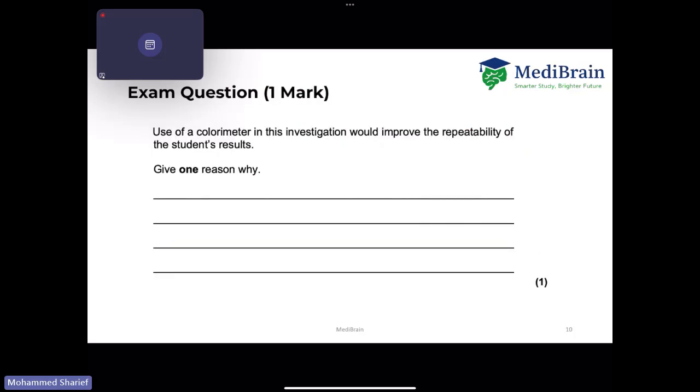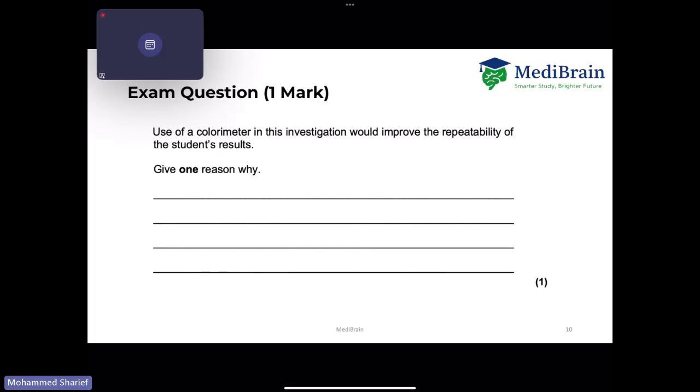Okay, next question. Use of a colorimeter in this investigation would improve the repeatability of the students' results. Give one reason why. When something is repeatable, what does this actually mean?